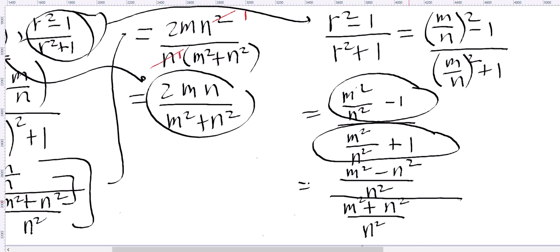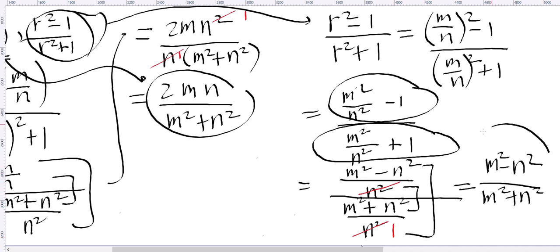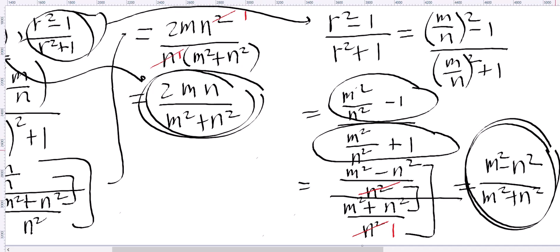So these two will cancel each other out, since one will be part of the numerator and the other one will be a factor in the denominator. Hence, we now have m squared minus n squared all over m squared plus n squared for the value of the y coordinate. So this is x and this is y.